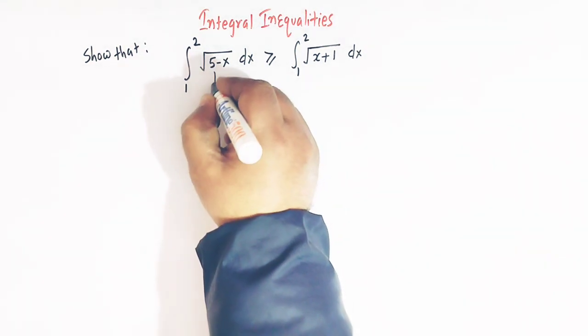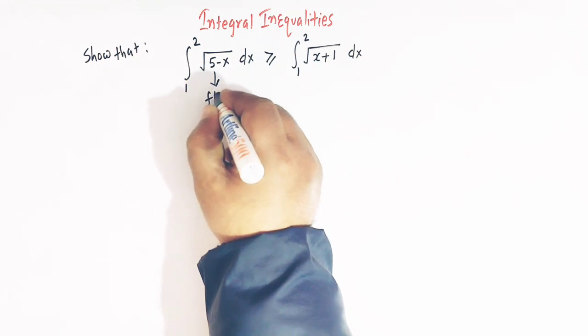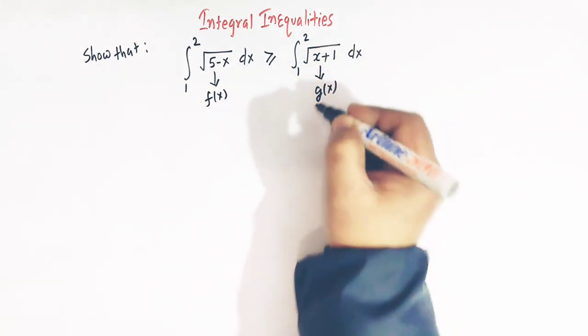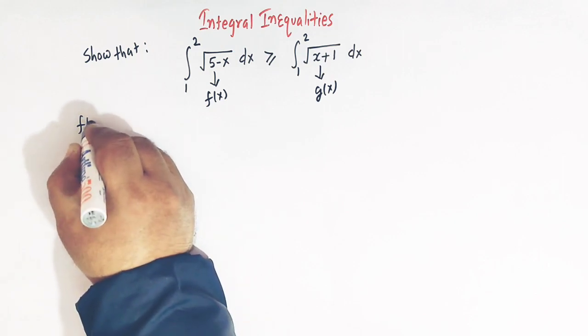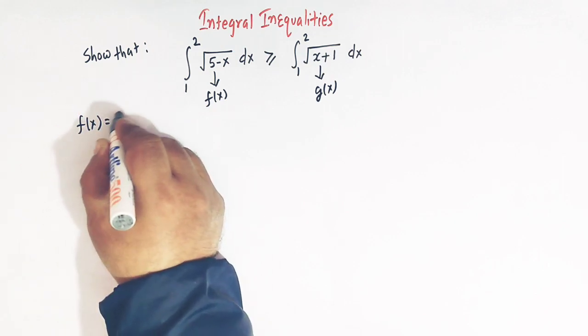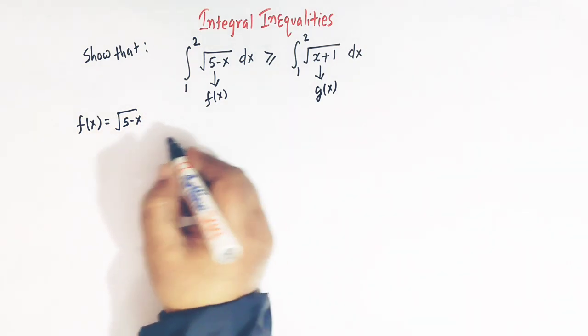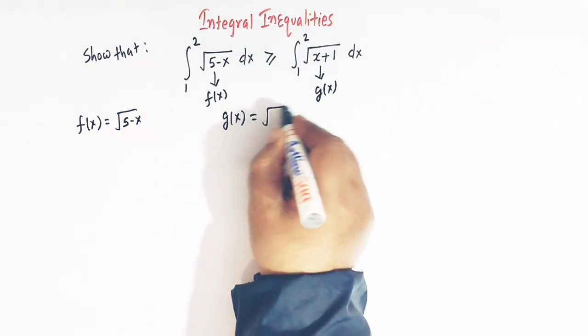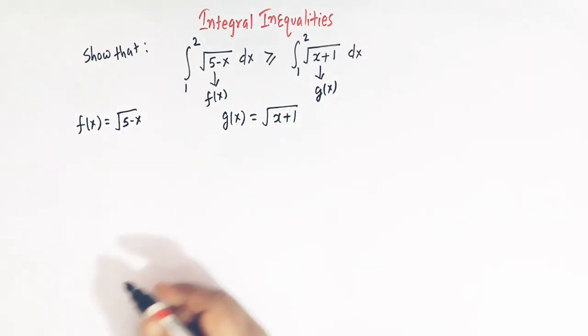So let us take this function as f of x and this function as g of x, right? So we'll take f of x as square root of 5 minus x and g of x as square root of x plus 1, right?